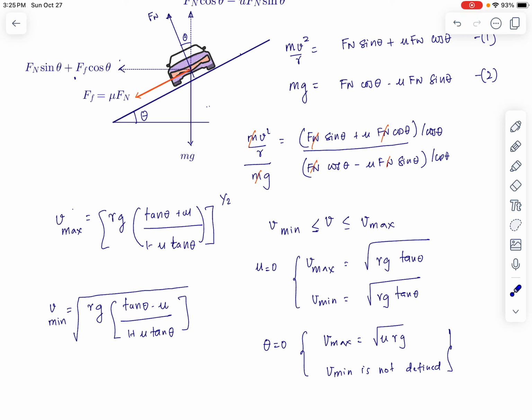Okay. Now, what happens when theta is zero? Theta is zero is a situation where we see in Formula One races, okay, where it is much easier for the car to drift, okay, drift outwards. So the cars have to be specially built in order to not drift.